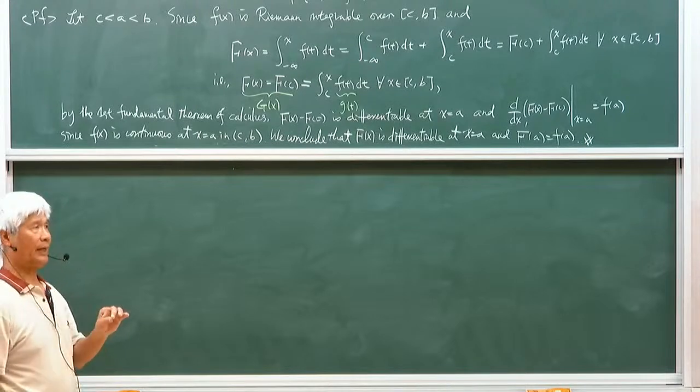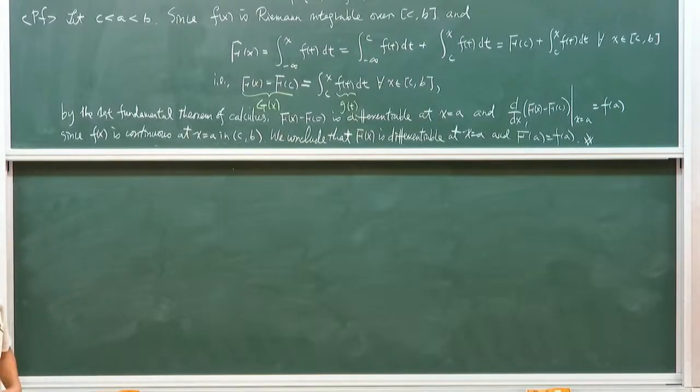Okay, so that's why, because we have infinitely many possible choices for a PDF of an absolutely continuous random variable, we usually select a PDF which is as smooth as possible.